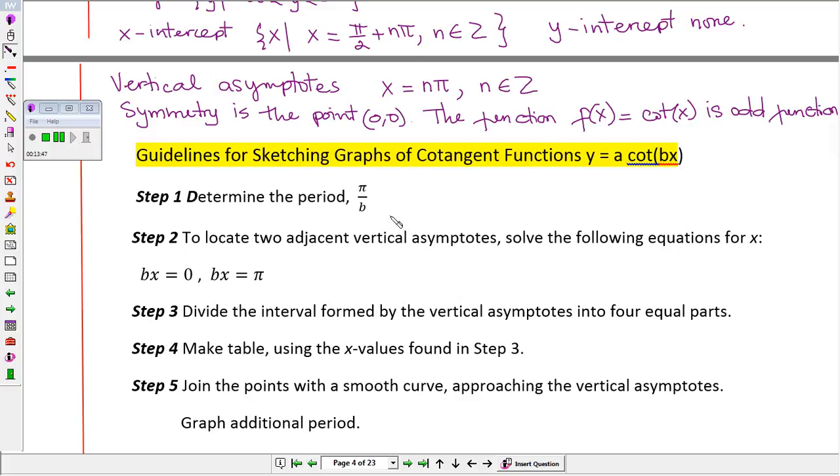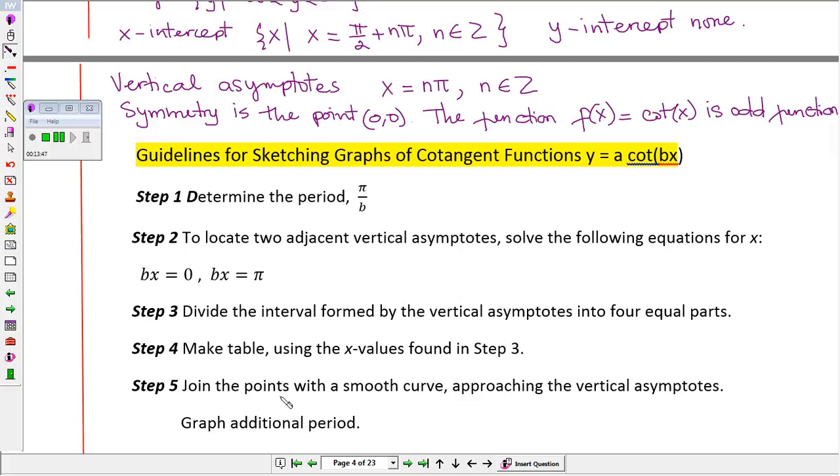So here we are. In the first step, we are going to determine the period. Again, we assume that b is a positive number. So we take pi divided by b, and then we find the two adjacent vertical asymptotes by solving for x for these two equations, bx equals 0 and bx equals pi, and then we divide the interval formed by our two adjacent vertical asymptotes into 4 equal parts.